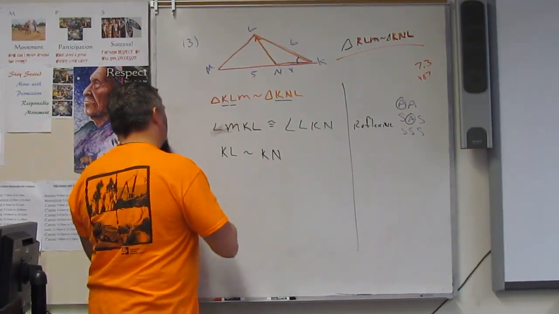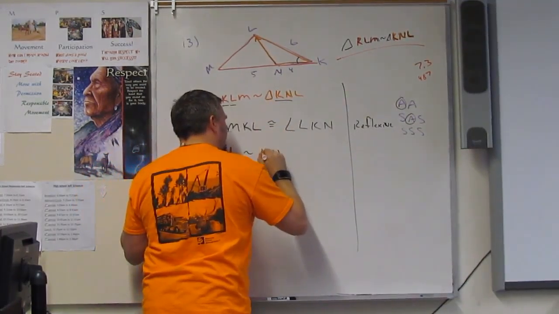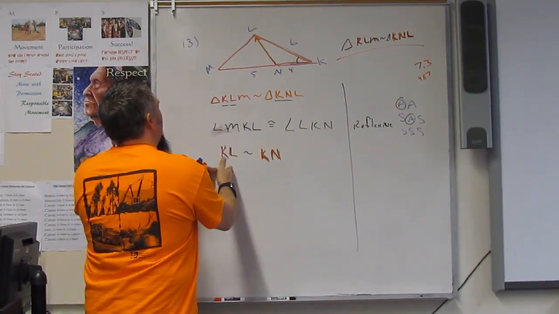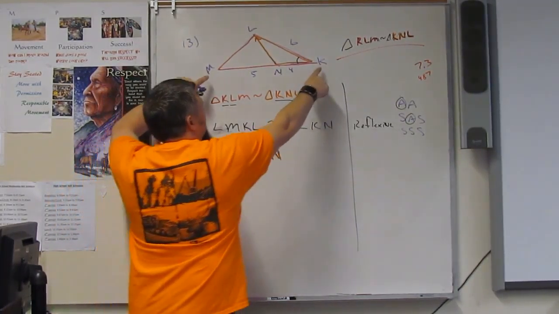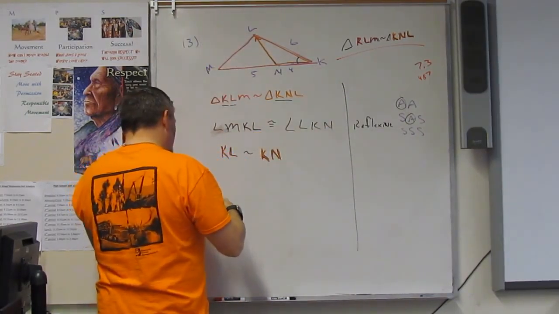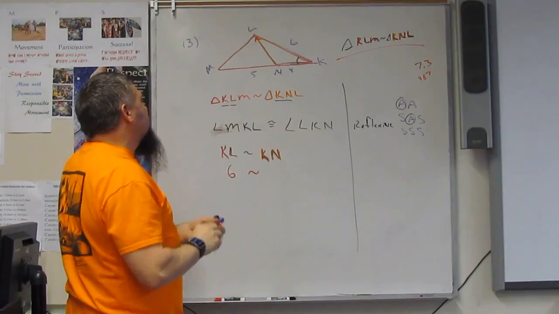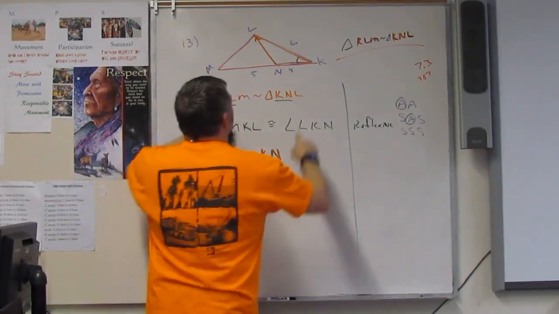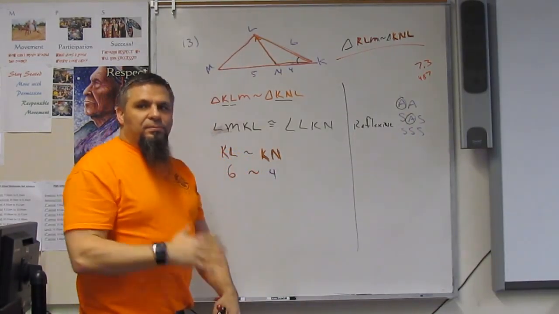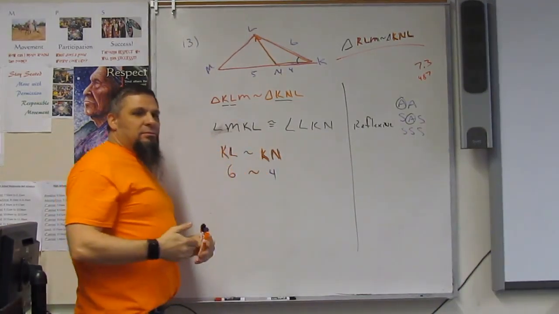So the red KL needs to be similar to the orange KN, right? So that means that this KL, the red KL, is 6, and it needs to be similar to KN. So KN is 4. By some amount, I need to be able to go from here to here.